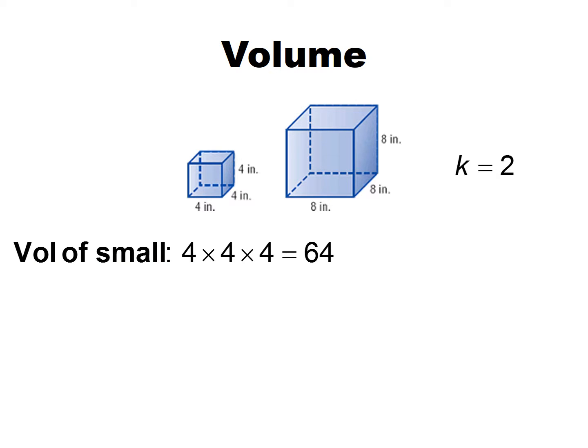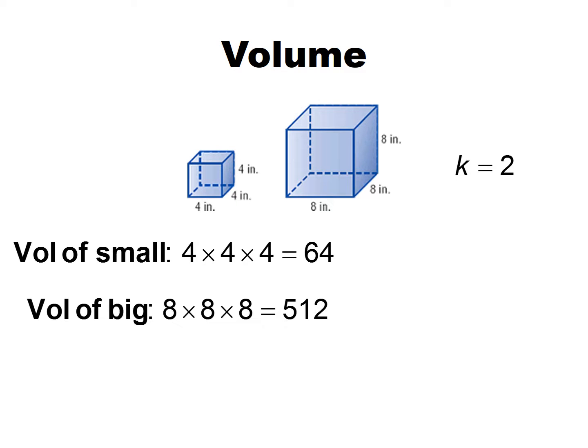Well, the volume of the small cube is 4 times 4 times 4, which is 64. The volume of the big cube is 8 times 8 times 8, which is 512. Well, 512 is obviously a lot bigger than twice 64. In fact, 512 is 8 times 64. You can verify that on your calculator if you want.